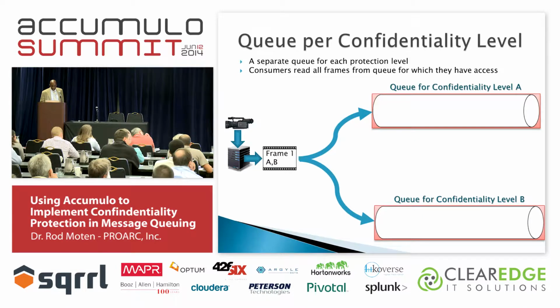Once you start sending these frames, if you send this first frame, the producer is going to have to copy each of those frames to the queue that matches the frame's confidentiality level.